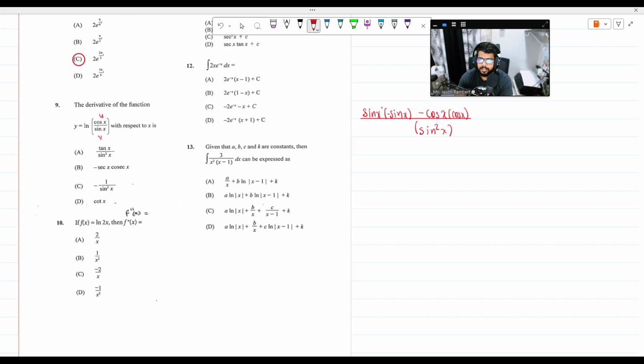So I'm going to get minus sine squared x minus cos squared x, which is minus, open bracket, sine squared x plus cos squared x, which is minus 1 over sine squared x. And this is going to be minus cosec squared x.